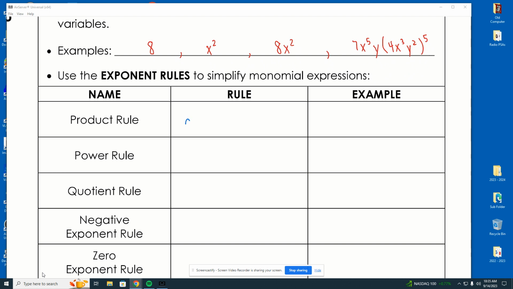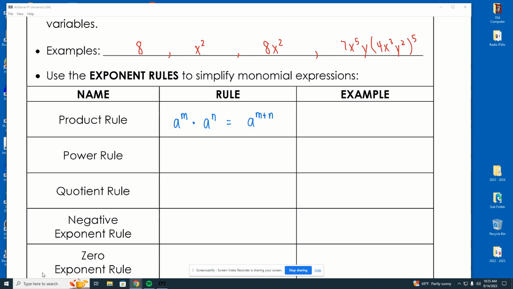It's saying if I have the same base, and they both have exponents, and I'm multiplying, I can get those together. The base will stay the same, but we do what with our exponents? We add them. We do m plus n.